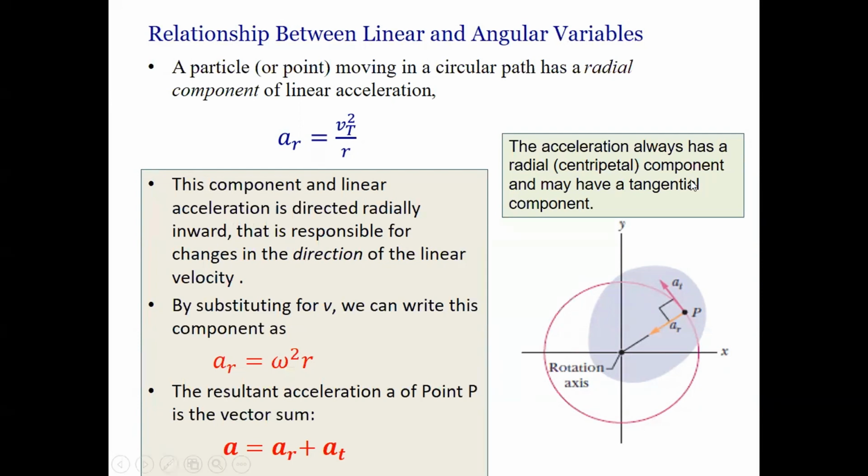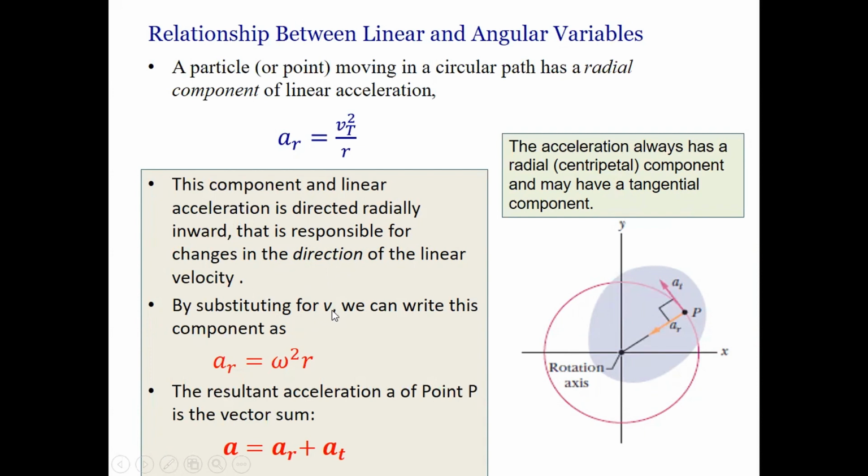So this acceleration is a radial component, sometimes known as the centripetal component, because it is directed towards the center. The acceleration can also have a tangential component. The radial component of the linear acceleration is directed radially inward, and it is directly responsible for the change in the direction of the linear velocity.